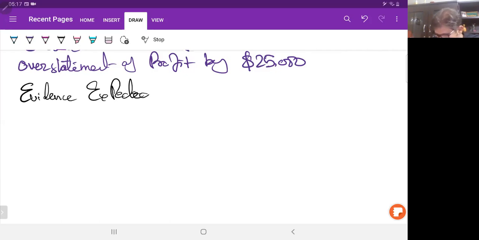Next heading, evidence expected to be on file.